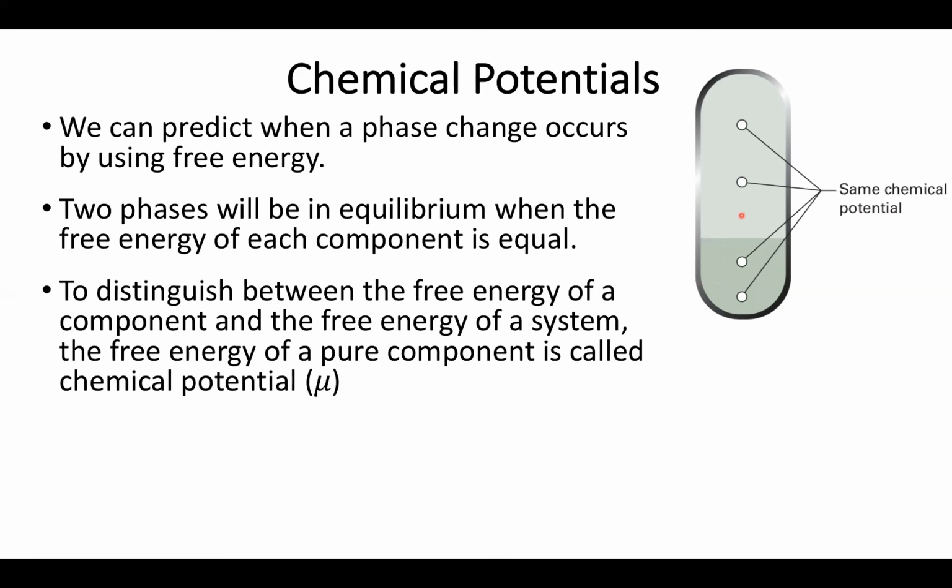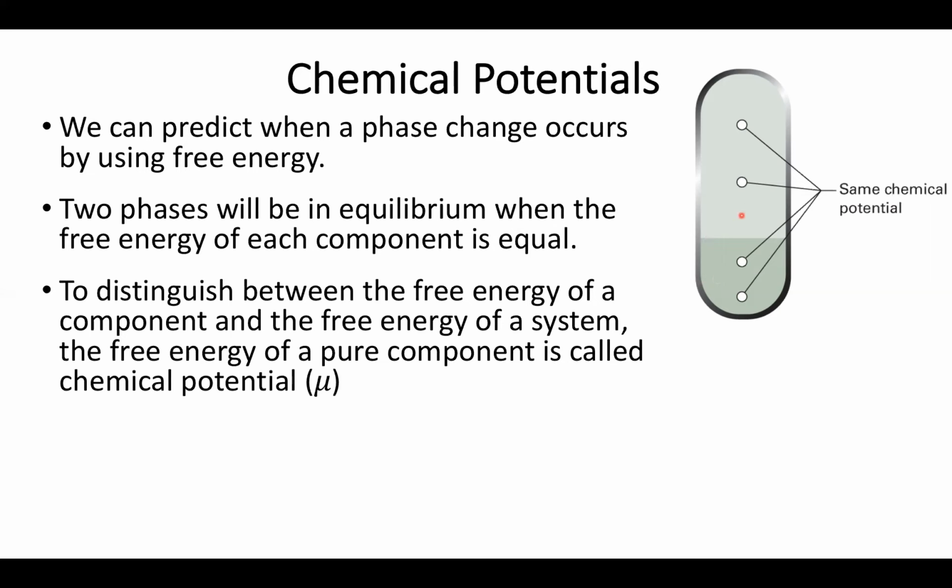So the chemical potential is essentially the molar free energy of a pure component. So let's say I have a mixture of water and salt. Well, I don't care about the salt, so I'm just going to be looking at the chemical potential or molar free energy of the water and the water vapor.